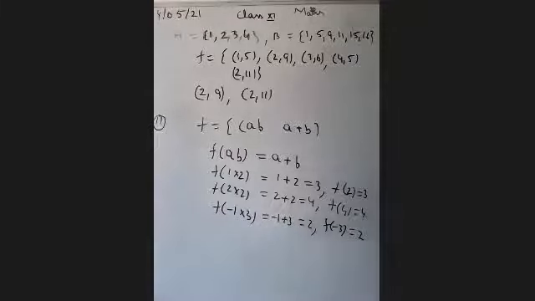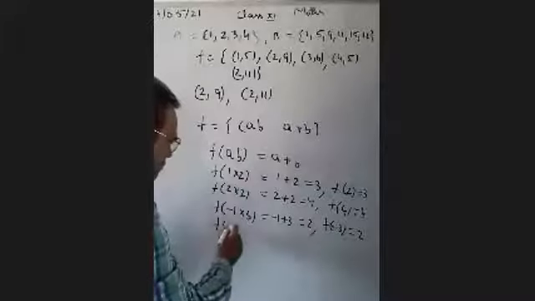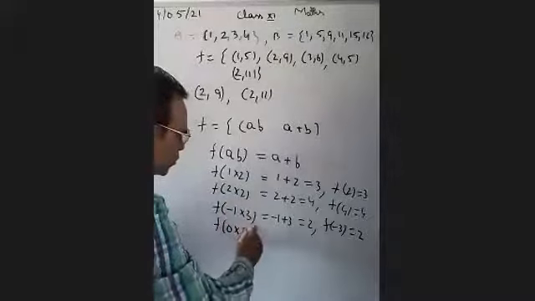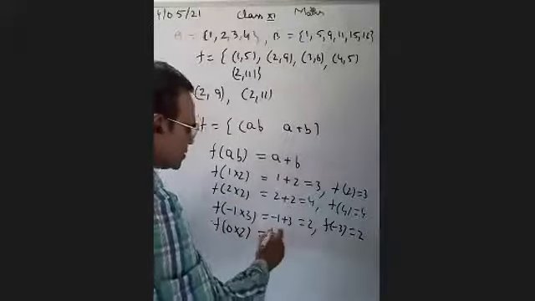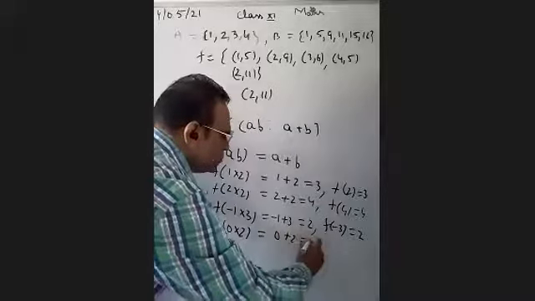So if we put different elements, we are getting different images, but it is not true for all values. Okay, for example, if in place of a I take 0, and in place of b I take 2, what will be the result? The result will be 0 plus 2 equal to 2.